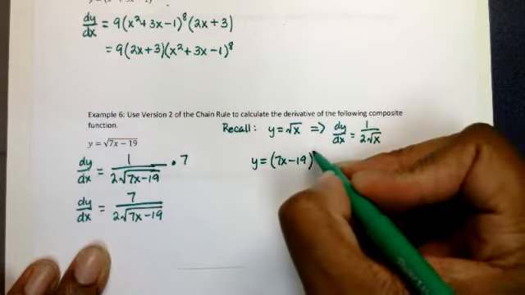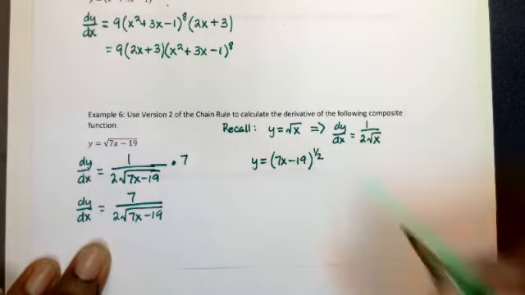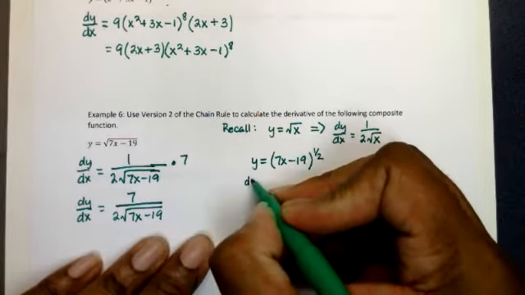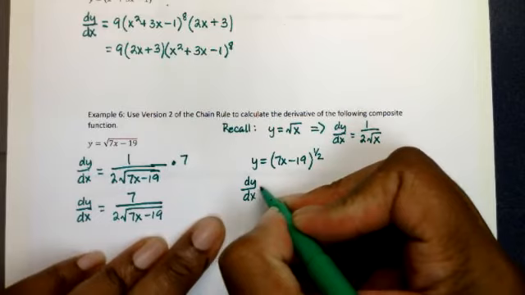So in exponential form, it means to the 1/2 power. And take the derivative from that. So dy dx would be something like this.